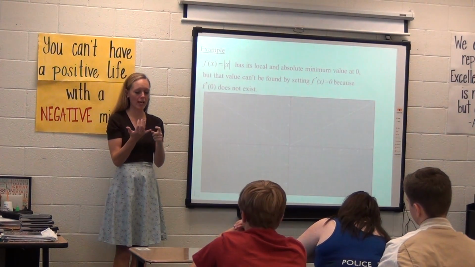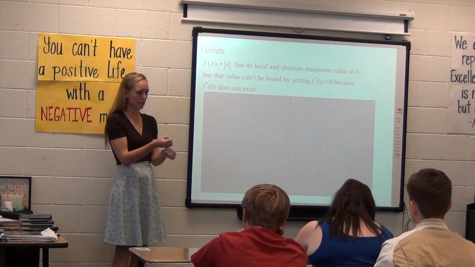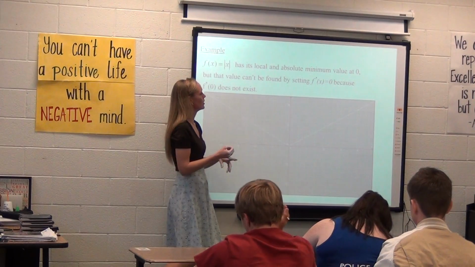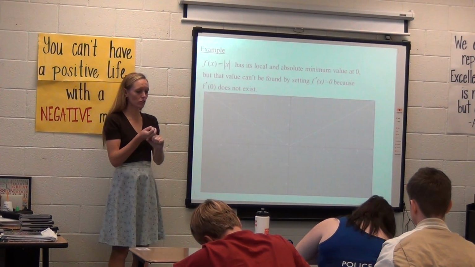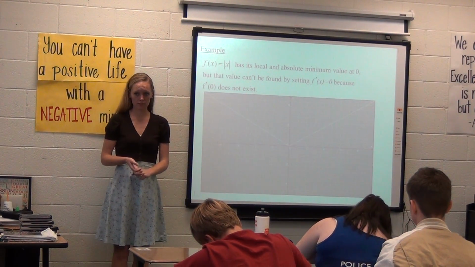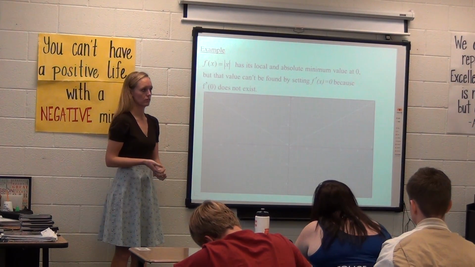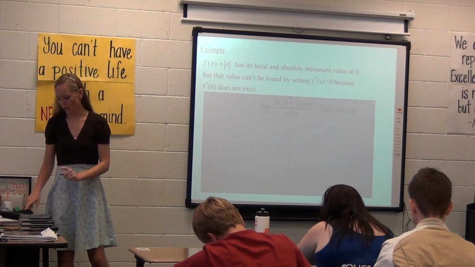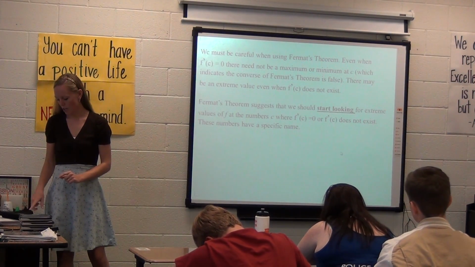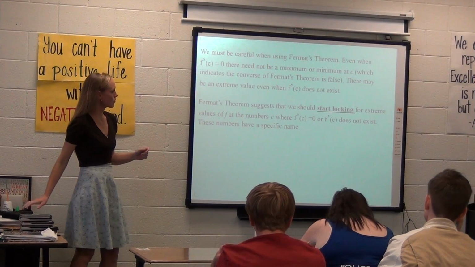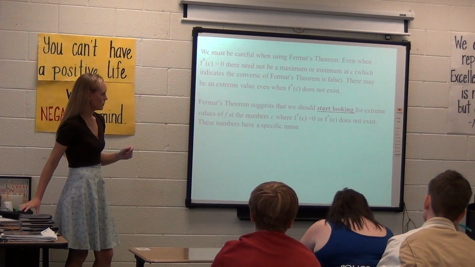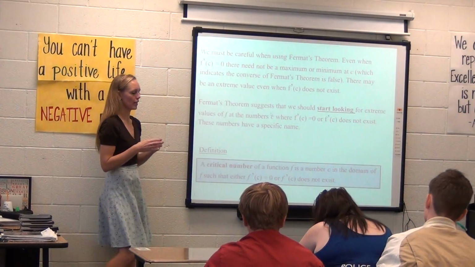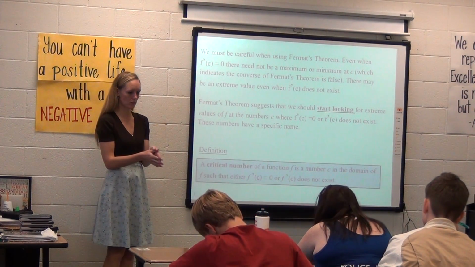There are two cases when we could have a maximum or minimum value. We could have it when the derivative is equal to 0, like those functions with the loopy things, or when the derivative does not exist. Those two pieces of information are super important for how we identify where we might have maxes or mins.